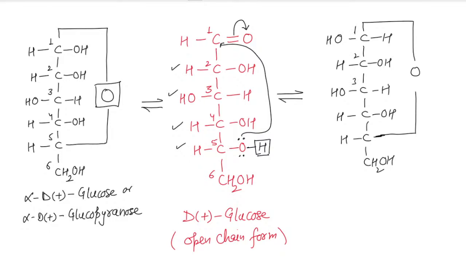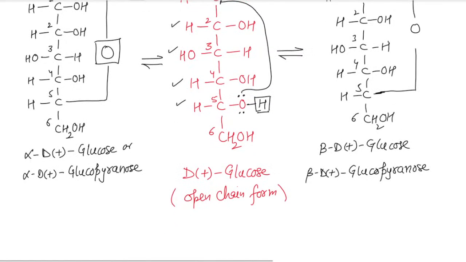First, second, third, fourth, fifth, sixth. Okay. This is called beta D plus glucose or beta D plus glucopyranose. Okay.